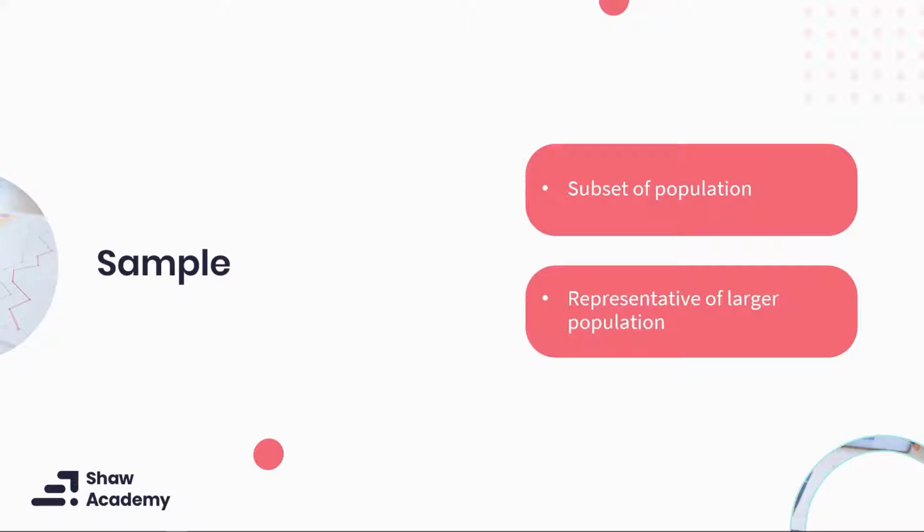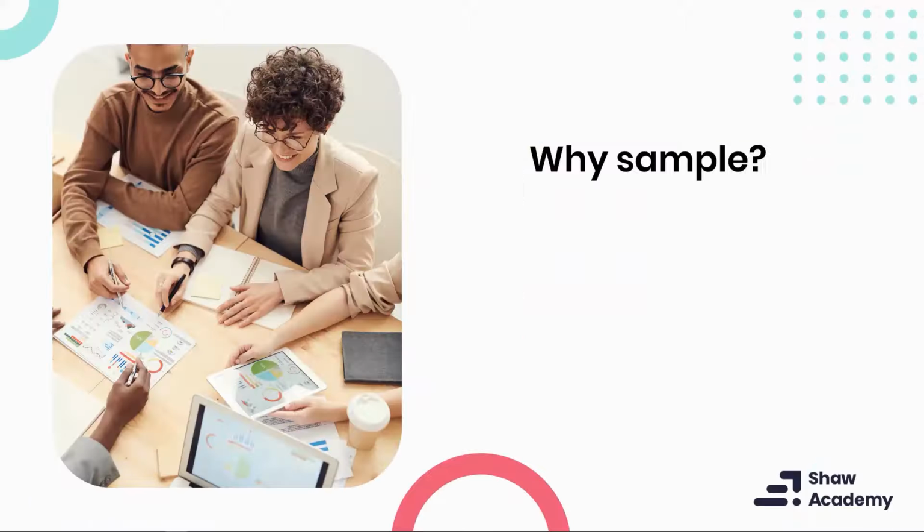Returning to our census example, in order to speed up the data collection process, the government could divide the population into areas, also known as strata, groups that carry similar characteristics. From there, a generalized result could be achieved for the areas not counted based on the strata's results. So why do we sample populations?